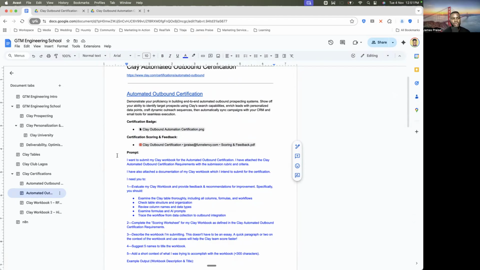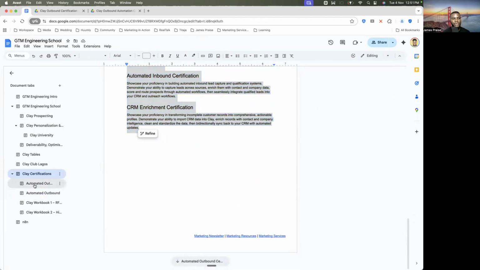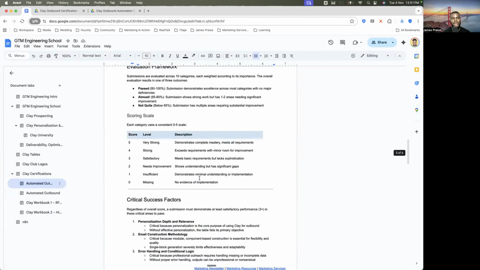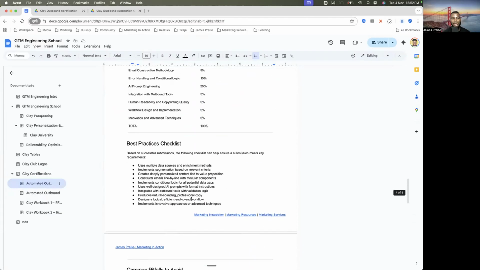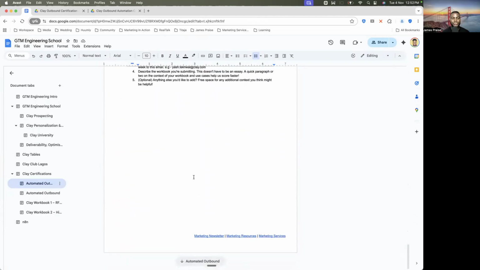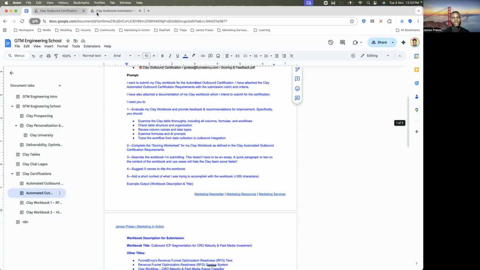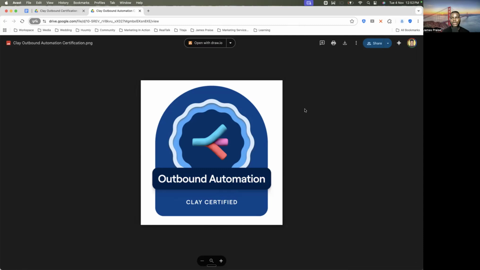So it scores me based on the Clay certification criteria, which I had somewhere here. This is some of the evaluation framework from Clay in terms of what they were looking for. It's not going to be 100% accurate, but it'll give you a good sense of what to improve on how you've built your workflow and all of the other criteria that you need to meet to pass the certification.